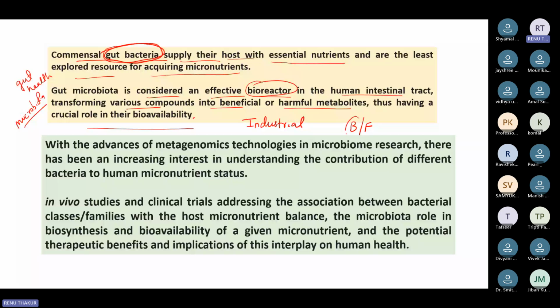Why? The basic difference between bacteria and fungi is, you can say, the pros and cons. The pros are that bacteria only take overnight time to grow, but fungi require 48 to 72 hours minimum. Bacteria can be grown in 12 to 24 hours.